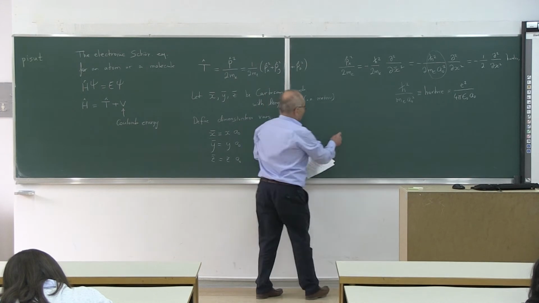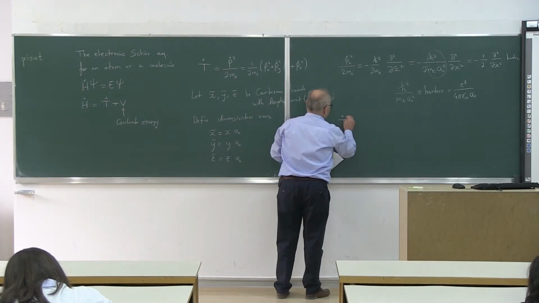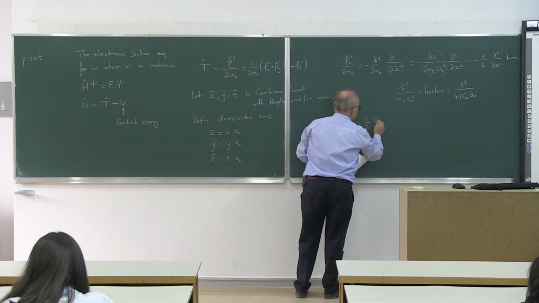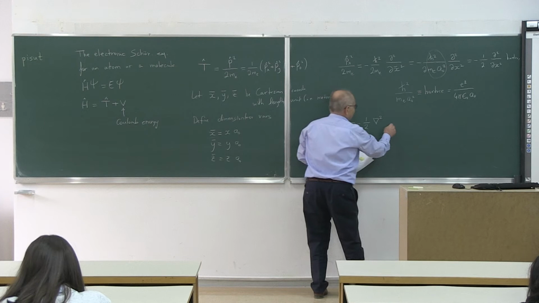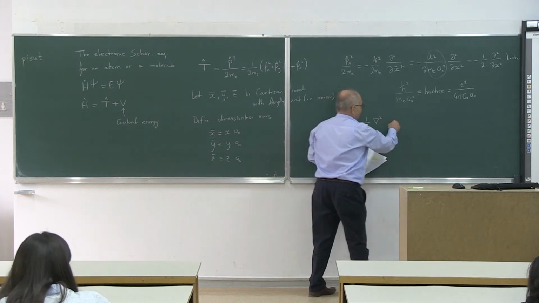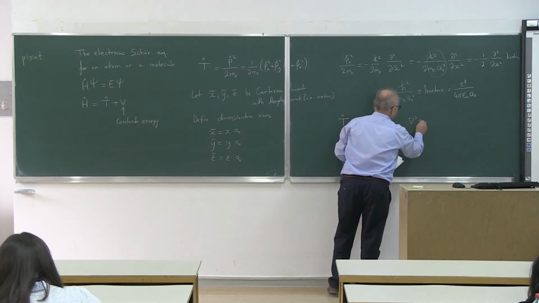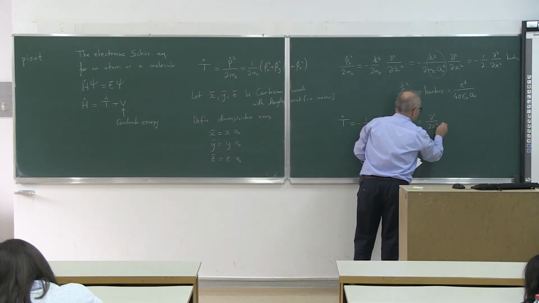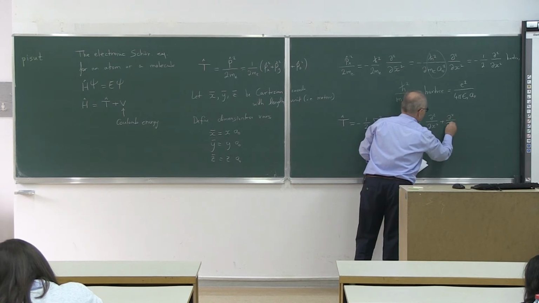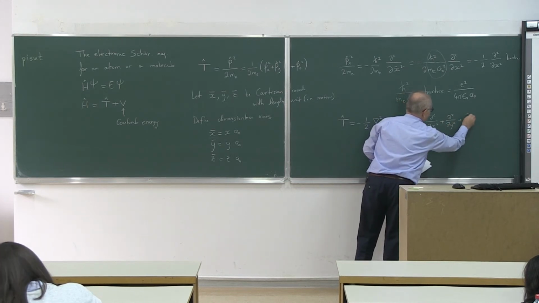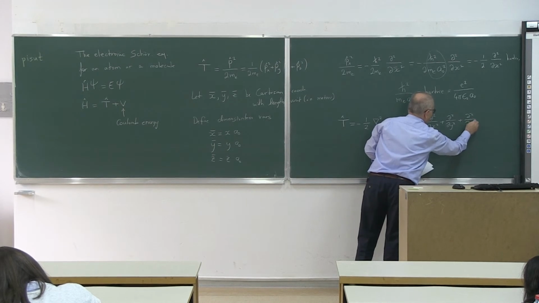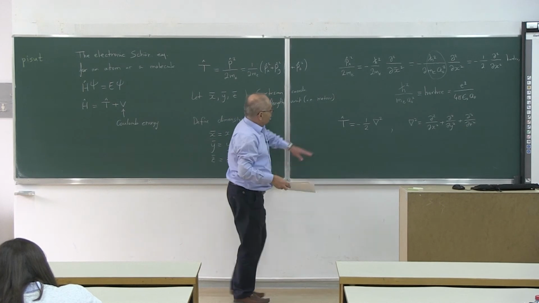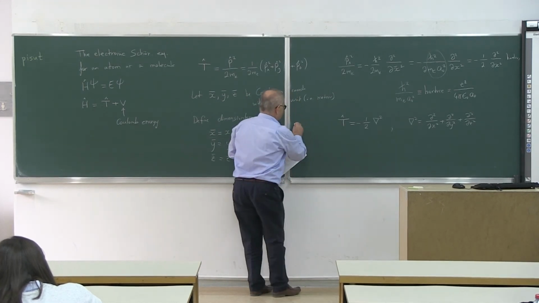The final result for the kinetic energy for a single electron is minus 1/2 del square. This is the Laplacian operator. It is the sum of second derivatives. This is in Hartree unit.